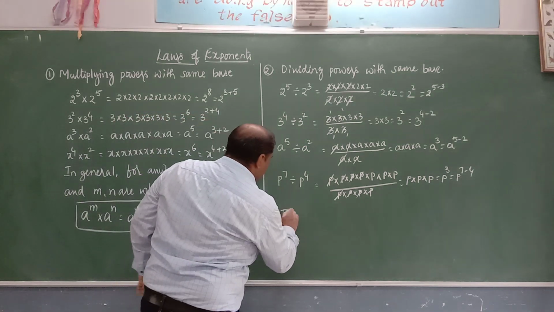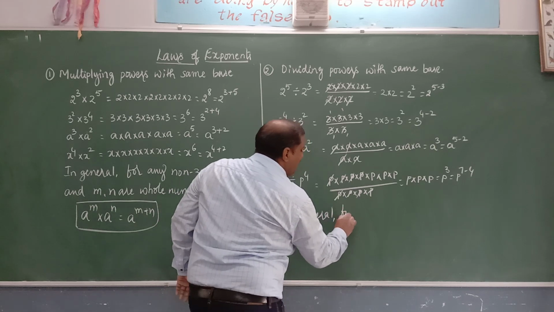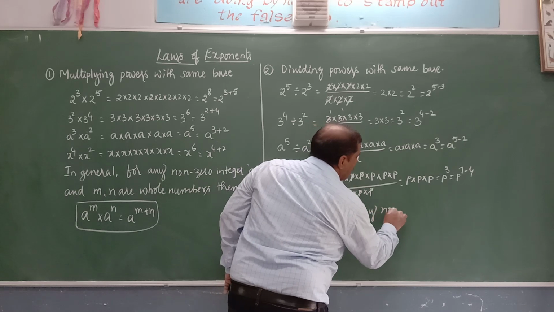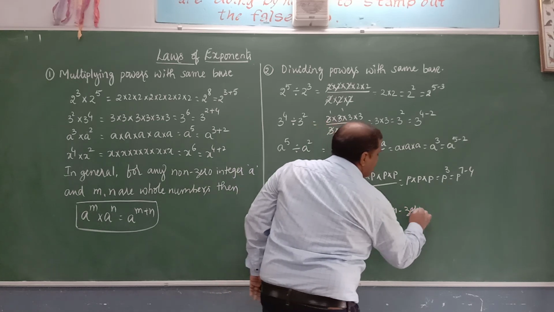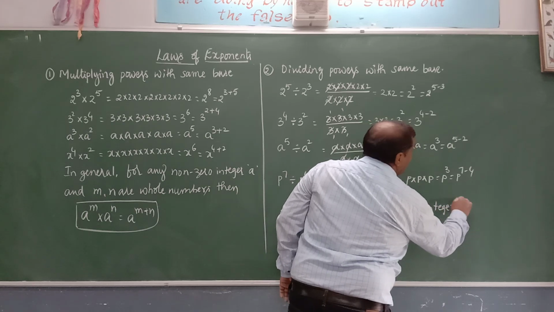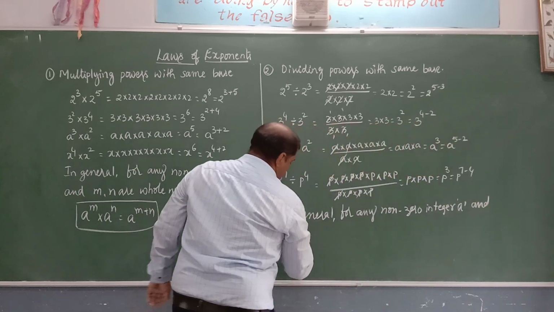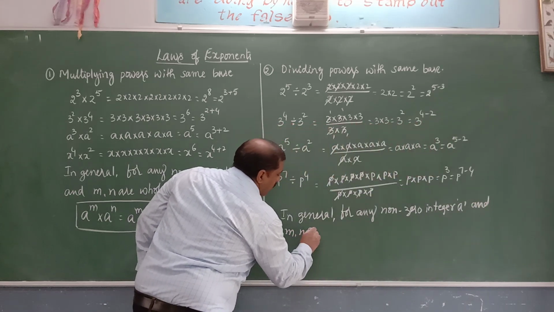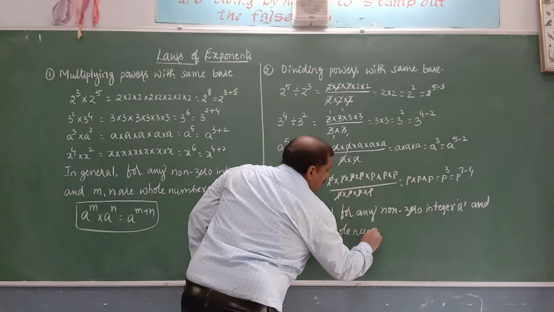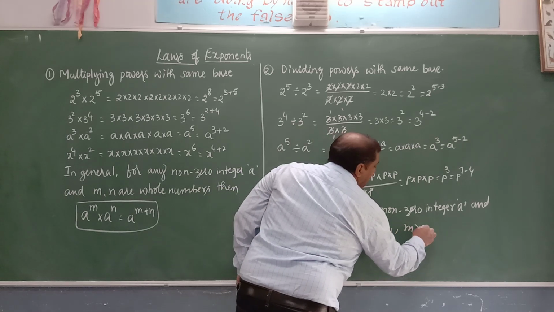Therefore, in general, what can we say? In general, for any non-zero integer a and m, n are whole numbers, and m is always greater than n.